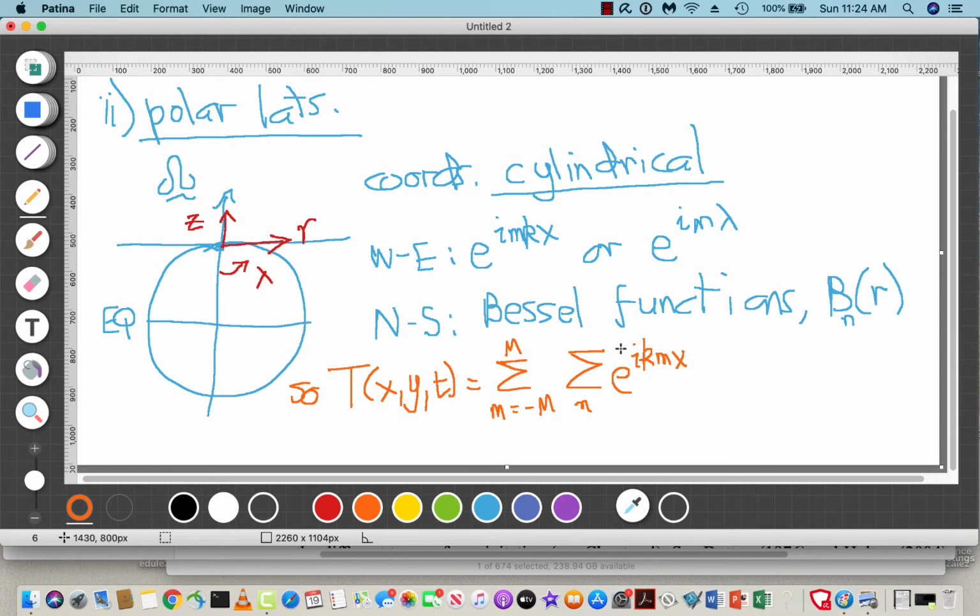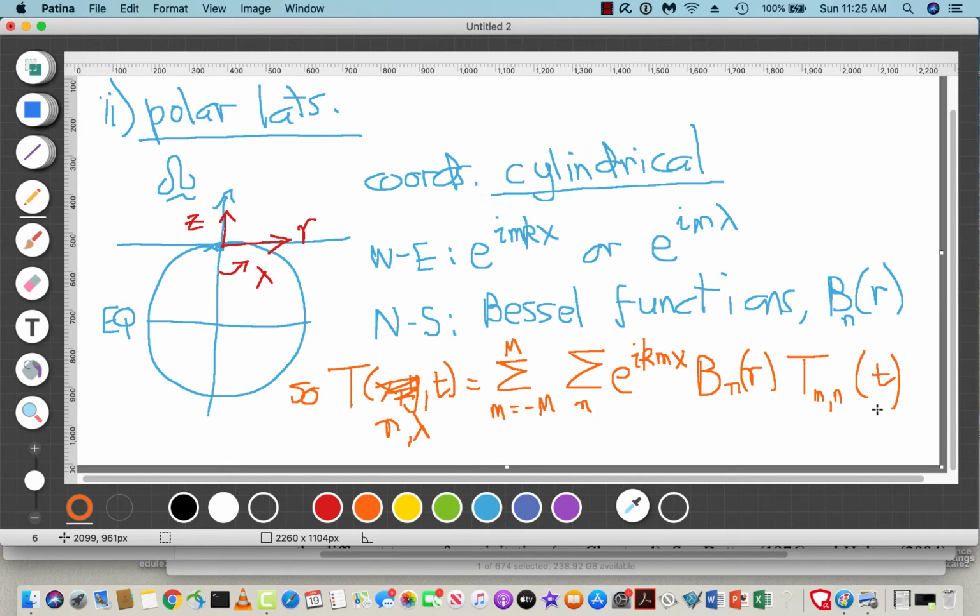But now in the north-south, you're going to have these Bessel function thingamajiggies. And so this actually won't be x and y, will it? It'll be a little r and lambda. So the Bessel function is a function of radial distance outwards. And there's lots of them, so we need another summation here. And I'm not sure what the limits are. And then T, m, n, the expansion coefficients of T.